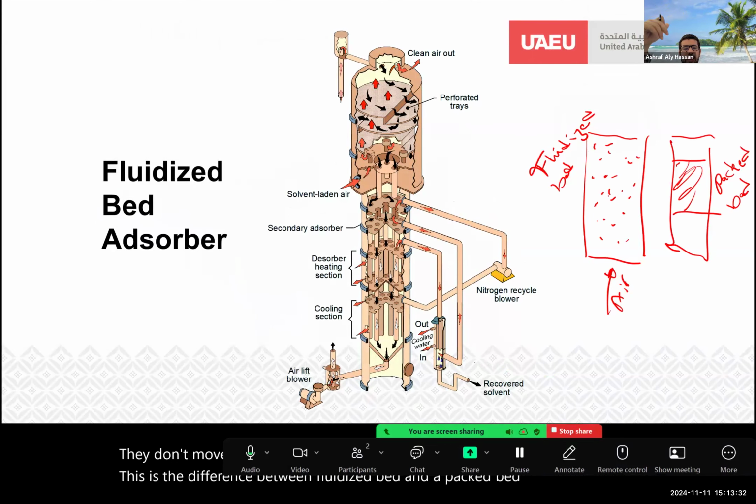Another setup is the fluidized bed where you get your air coming from one part, and then you have it go through the fluidized bed, and then you get recovery, and so on and so forth.